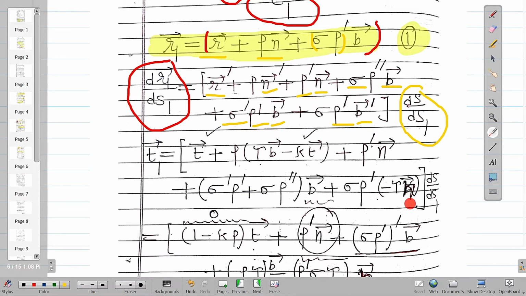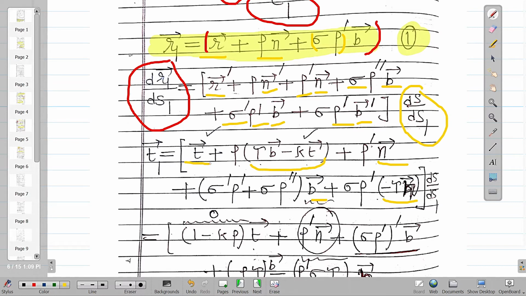So what is b dash? B dash is minus tau n vector. So when we substitute these two equations, one is minus tau n and the second is tau b minus kappa t vector. Clear? The others are simple n, b and t vectors.